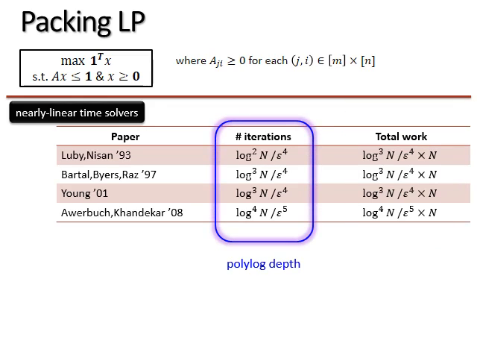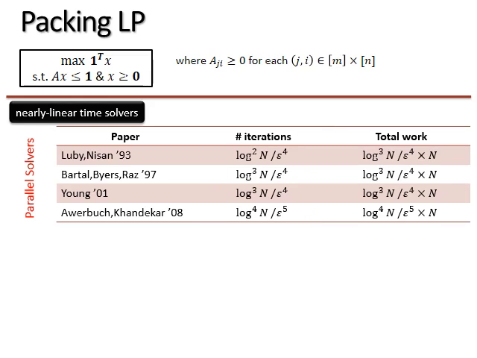What is even better is that all of these 4 algorithms perform in a polylogarithmic number of iterations, and each iteration is essentially as heavy as a matrix-vector multiplication, which can be implemented, for instance, in logarithmic depth. In total, the algorithms can be implemented to run in polylogarithmic depth, and this is why, at least for these 4 algorithms, they are known as parallel solvers for packing LP.